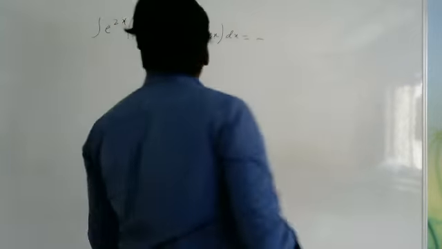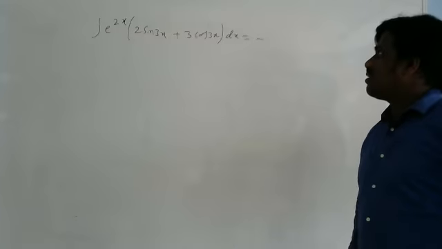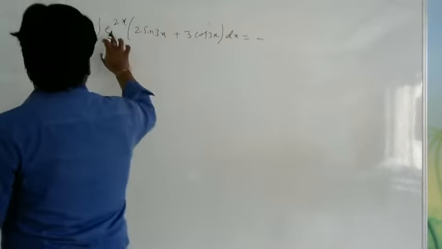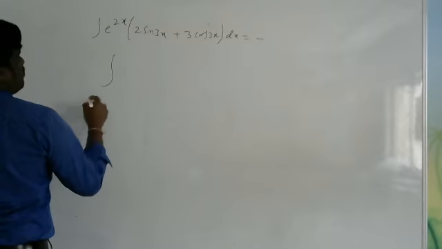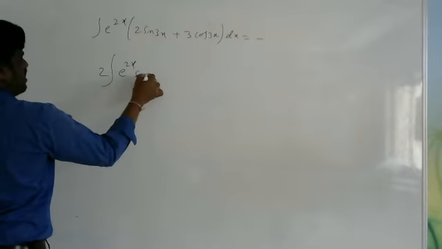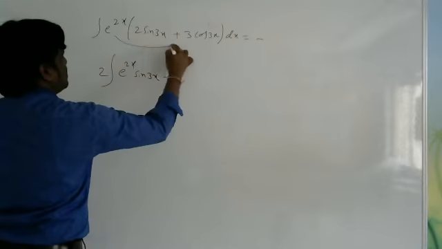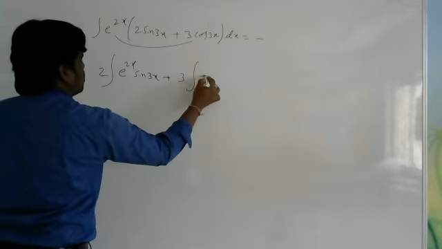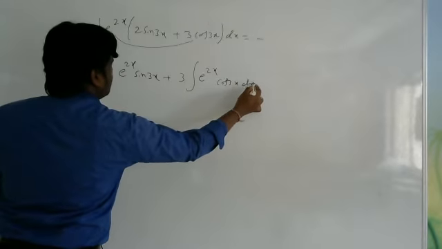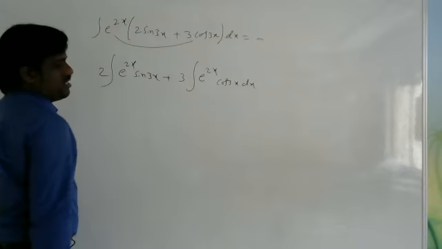What to do here? I will multiply inside: integration of 2 into e to the power of 2x sine 3x plus 3 into integration of e to the power of 2x cos 3x dx. Now apply this shortcut formula and you can solve it.